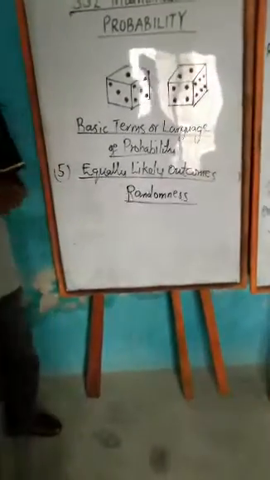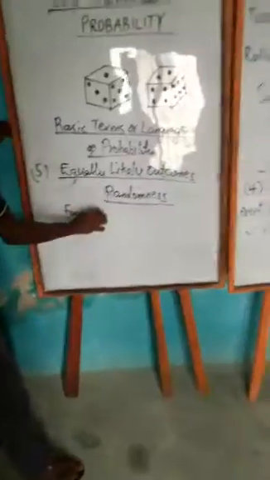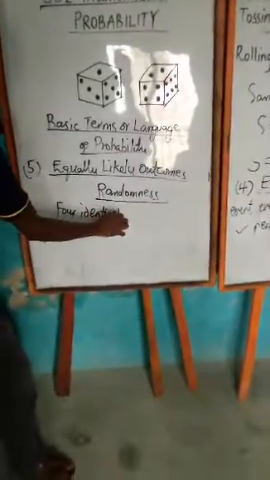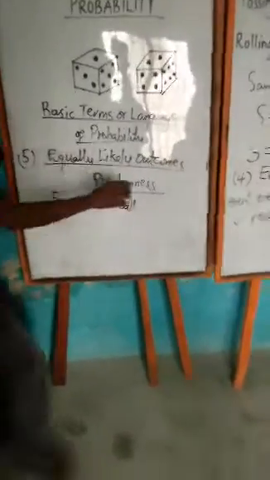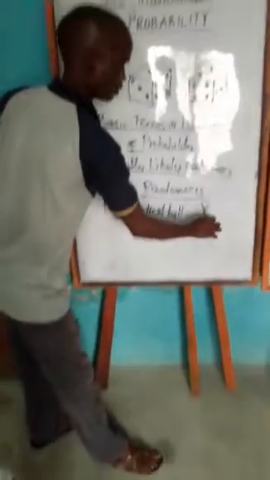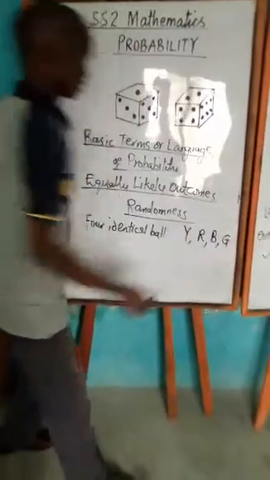Okay. Now, if we have 4 identical balls, the same size, let's say yellow, red, blue, and green.